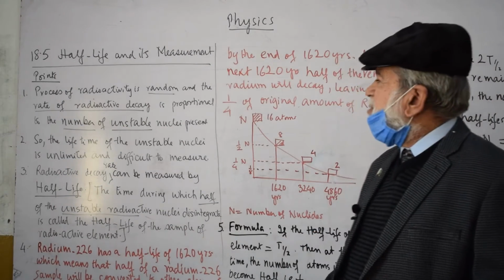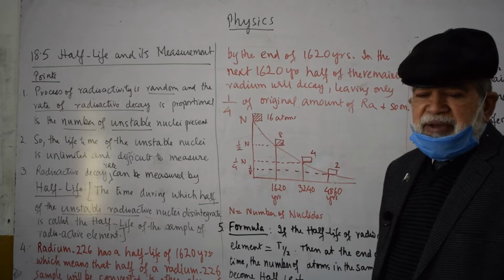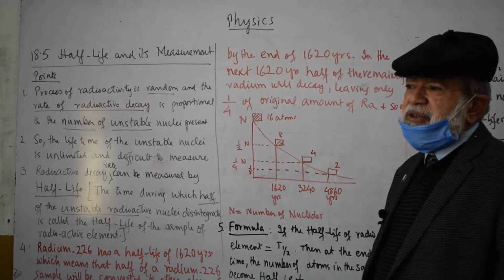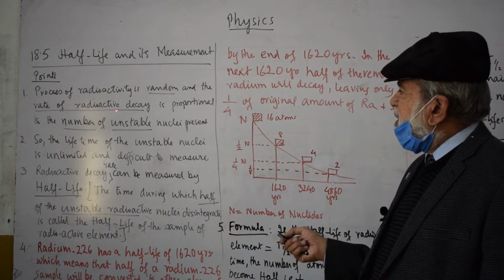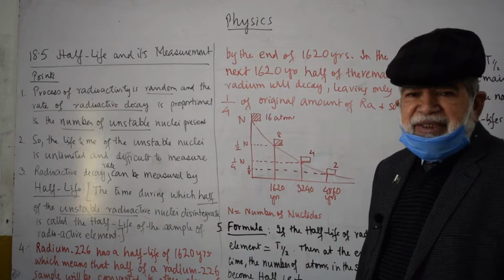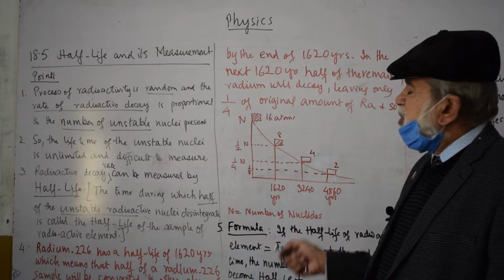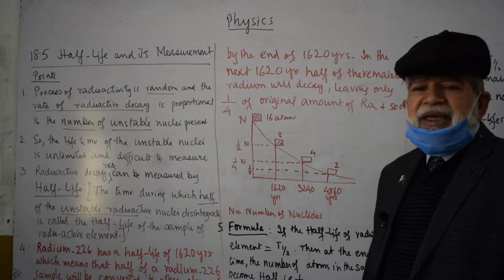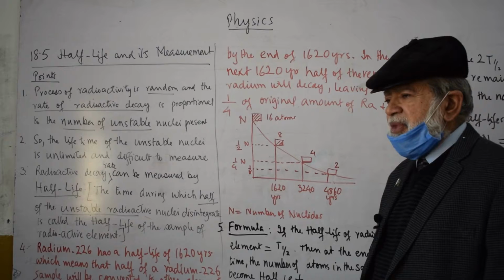The points to remember here: number one, the process of radioactivity is random. Number two, the rate of radioactive decay is directly proportional to the number of unstable nuclei present in a certain sample.